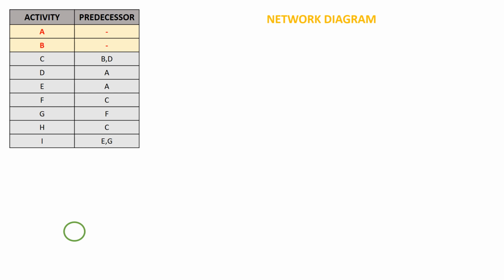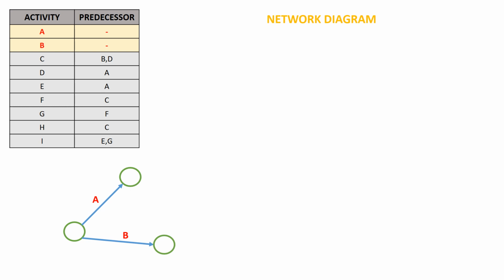That means these two are parallel activities, and they are the ones which are going to start first. And also, since there are two activities which are starting at first, we cannot have two initial events. So this is very important. Even though there are multiple activities which will be starting first, we need to always start with one single initial event. Therefore, from one single initial event, I have activity A and I have activity B.